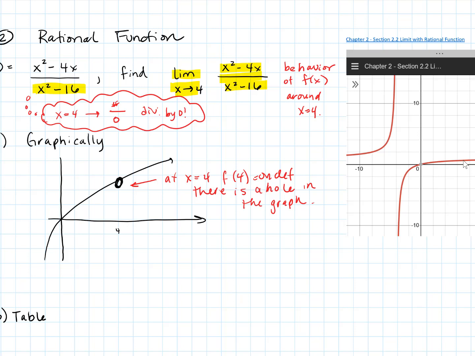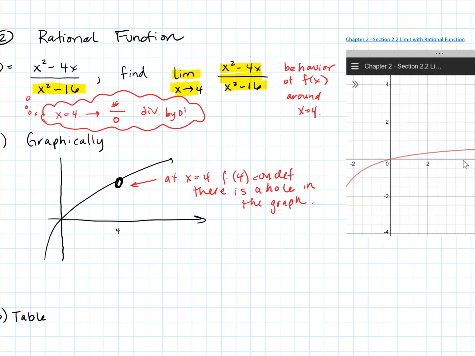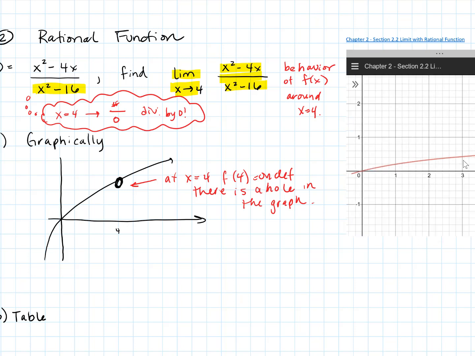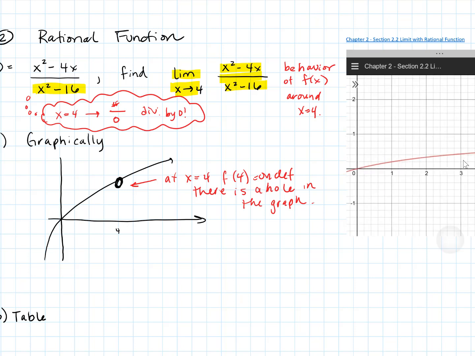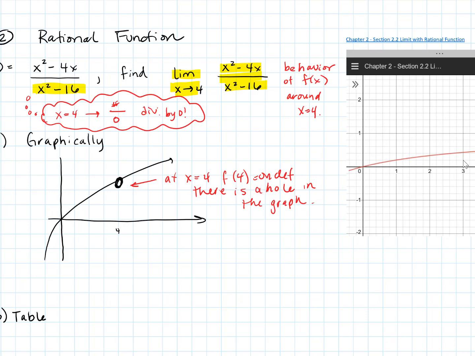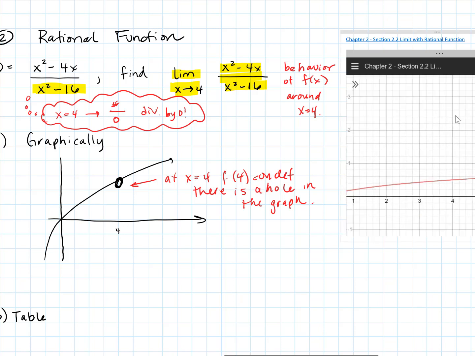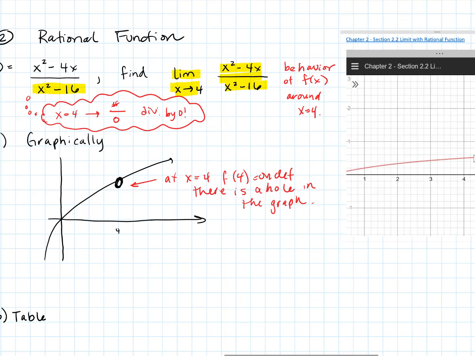And so if I could zoom in here a little bit, and we'll do it with a table too so we can see the exact values. If I zoom in here a little bit, we can start to see that getting close to 4, the function is approaching a single value here. So what would that value be?